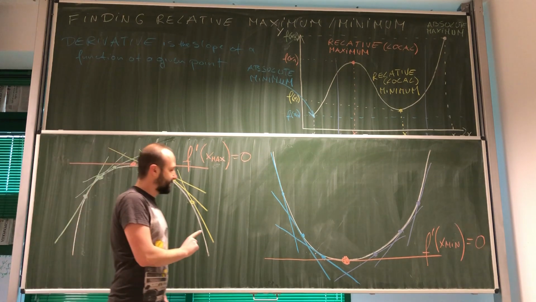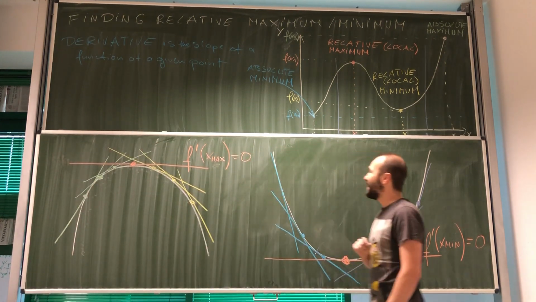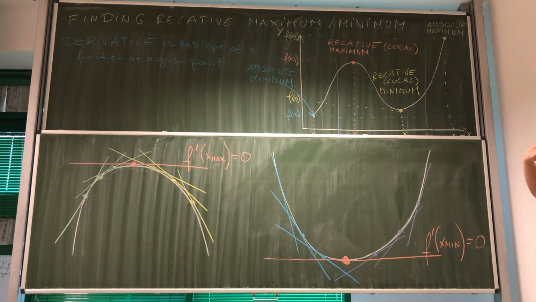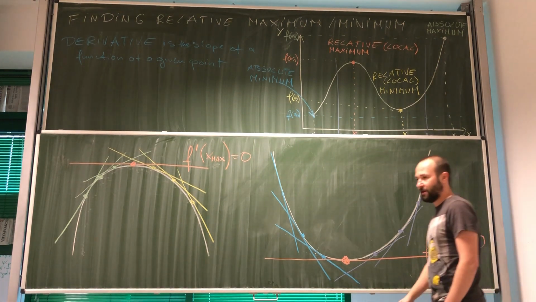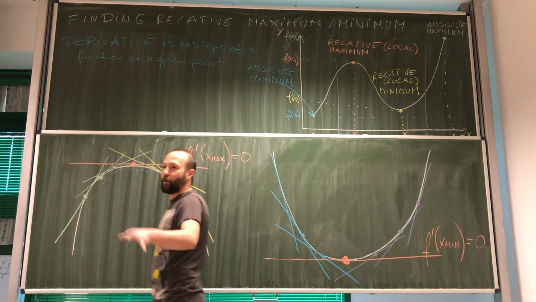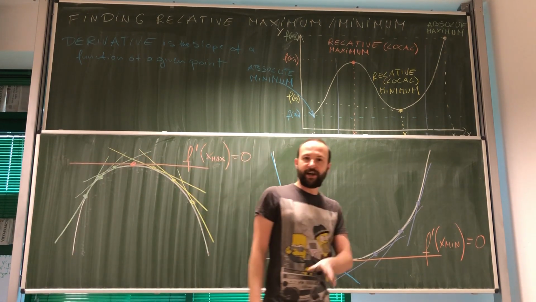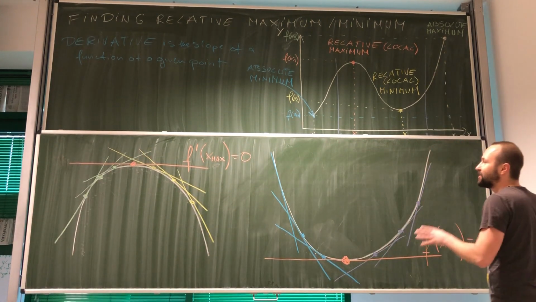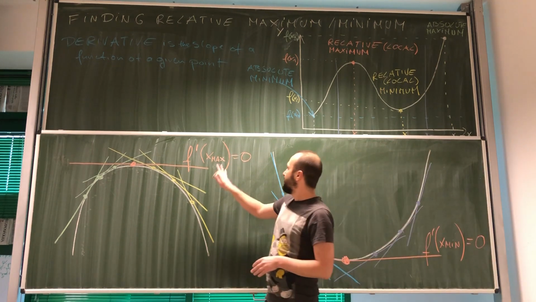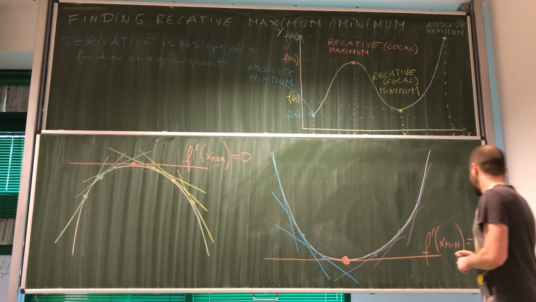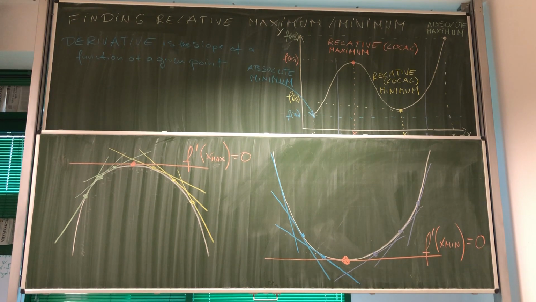Okay, so look, this actually points us in a really good direction. Because it tells us that if I calculate the derivative of any function and I find where this derivative is equal to 0, I will find a point that is going to be either a maximum or a minimum. And this is a very good thing.